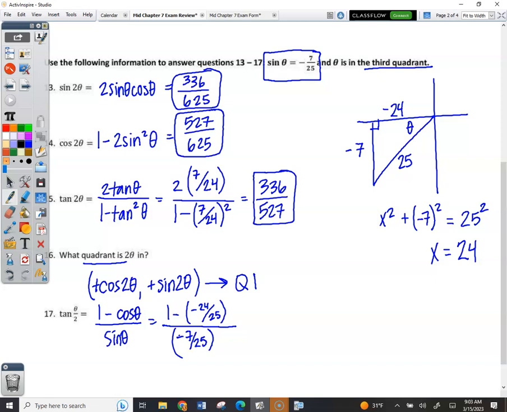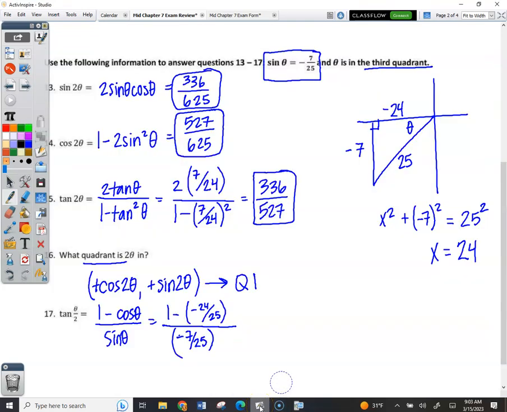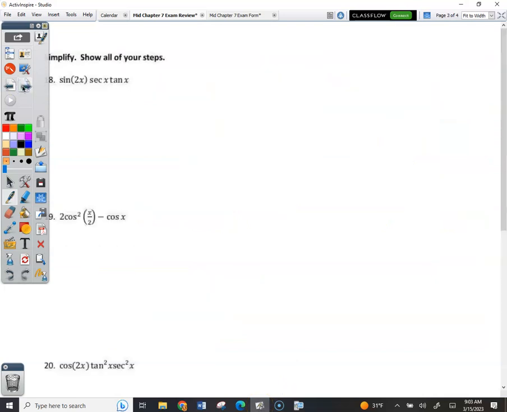All right, we have 8 problems to look at, and I would say the first 4 are the hardest. The last 4 are probably easier because they're the proving. They're the manipulate one side to get to the other side, right? Let's jump around.